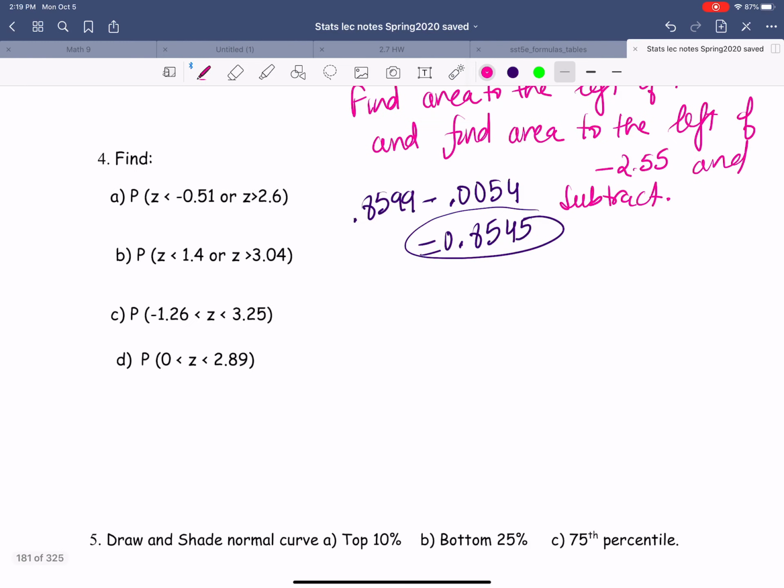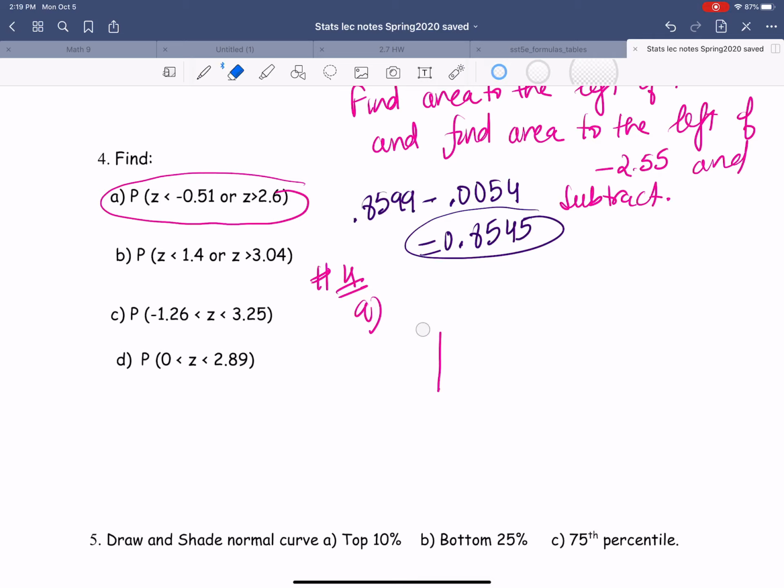Now we'll look at number 4, part A, and we'll also look at part C as well. So for part A, number 4, we are looking for the probability or the area to the left of negative 0.51 and also the area to the right of 2.6.